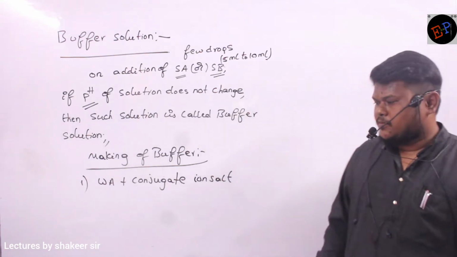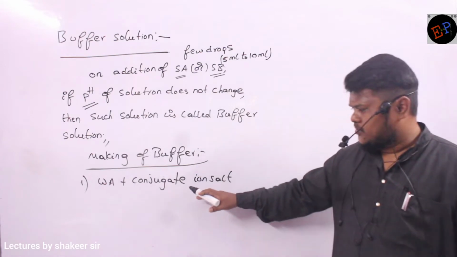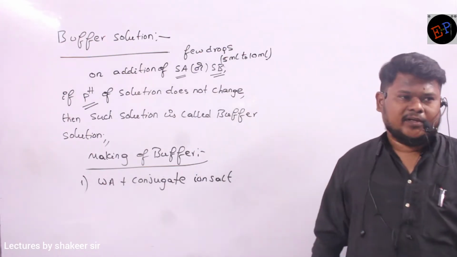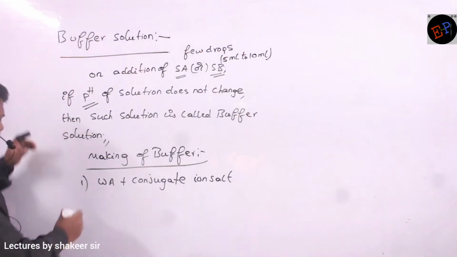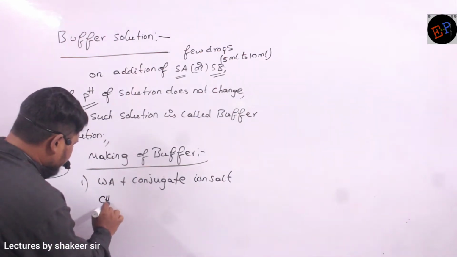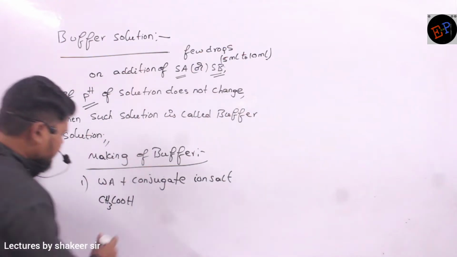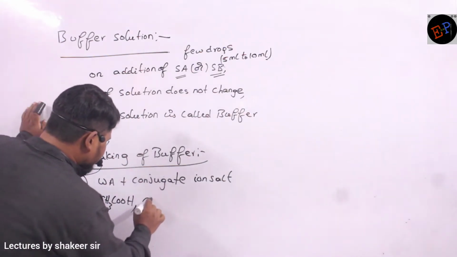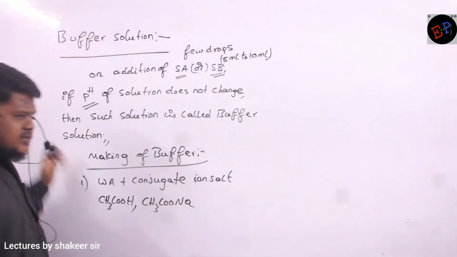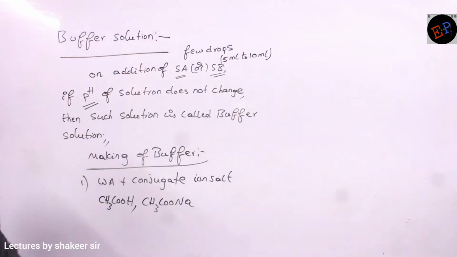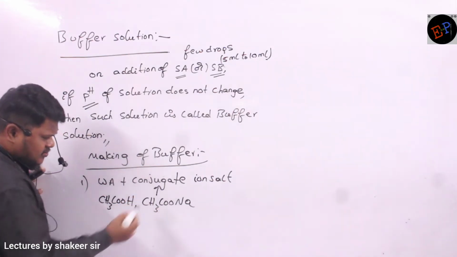So what are the components I have to take? A weak acid and its conjugate ion salt. Example of weak acid, I can take CH3COOH, and its conjugate ion salt will be CH3COONa, sodium acetate. Are you able to understand?